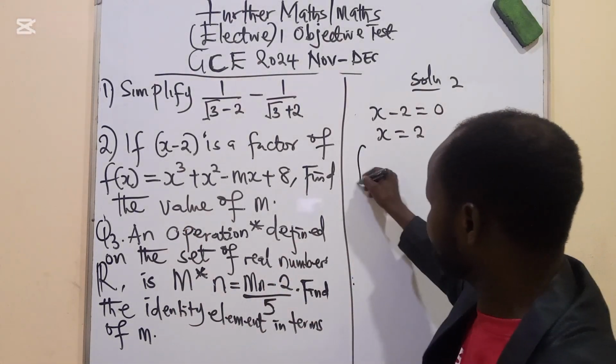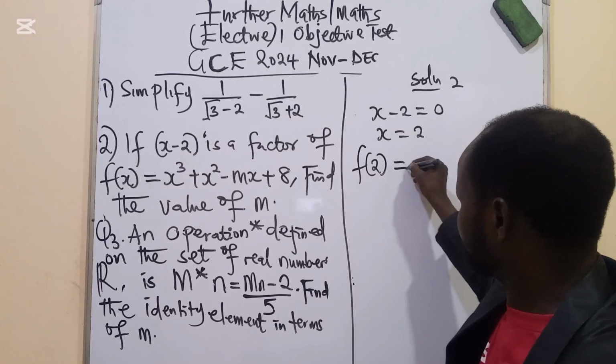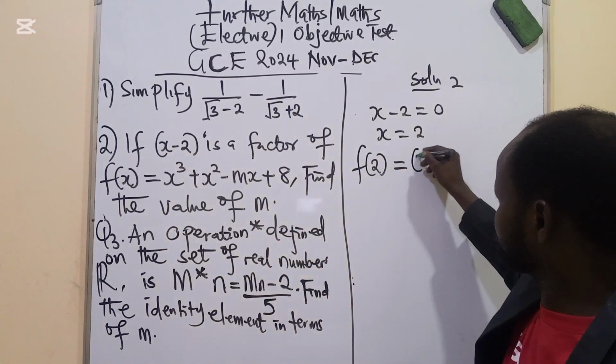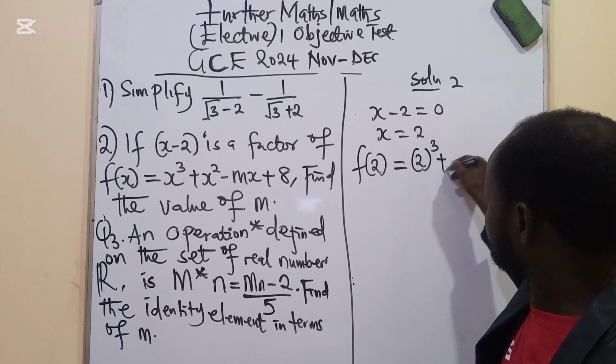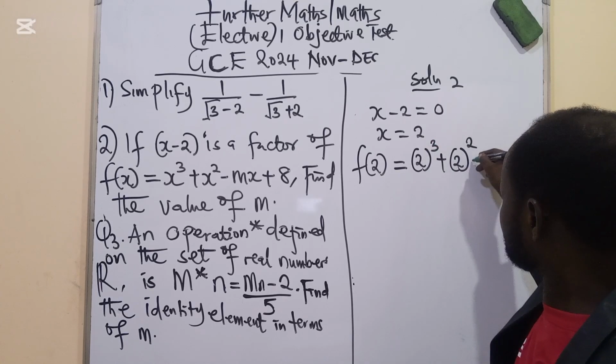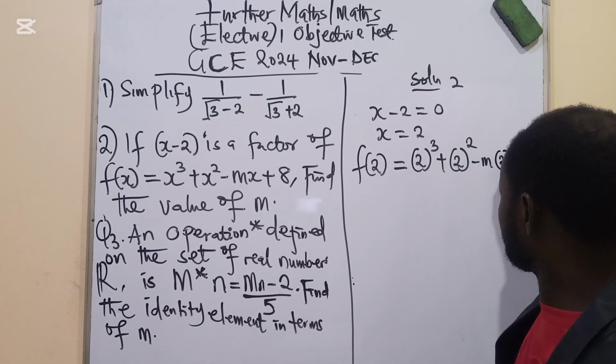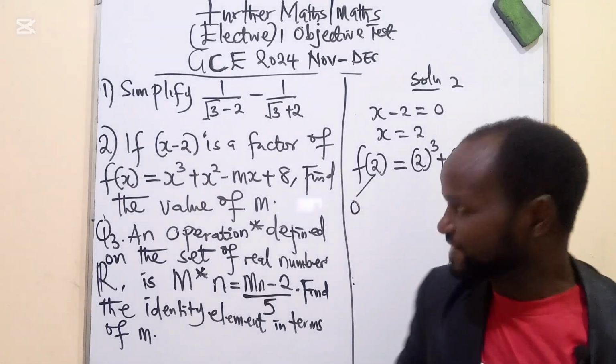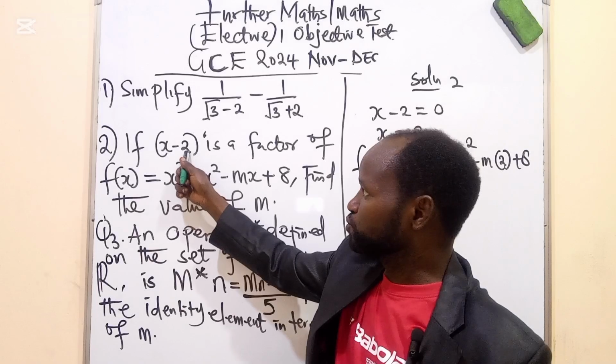Very important. It means f of 2 will be equal to, anywhere we see x here, we replace it with 2. That will be 2 power 3 plus 2 power 2 minus m into 2 plus 8. And this f of 2 must be equal to 0, since x minus 2 is a factor.